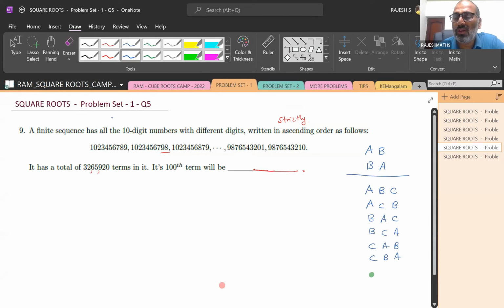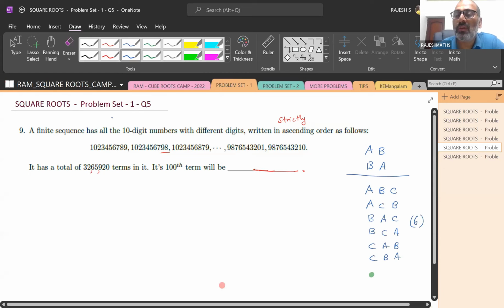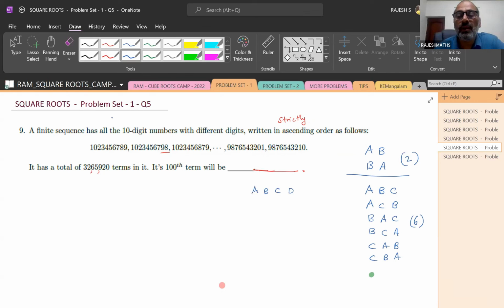So you have got 6. This is 2. If you have 4, ABCD, then whatever is the starting, you have 6 for each of them. So you'll be having 24.